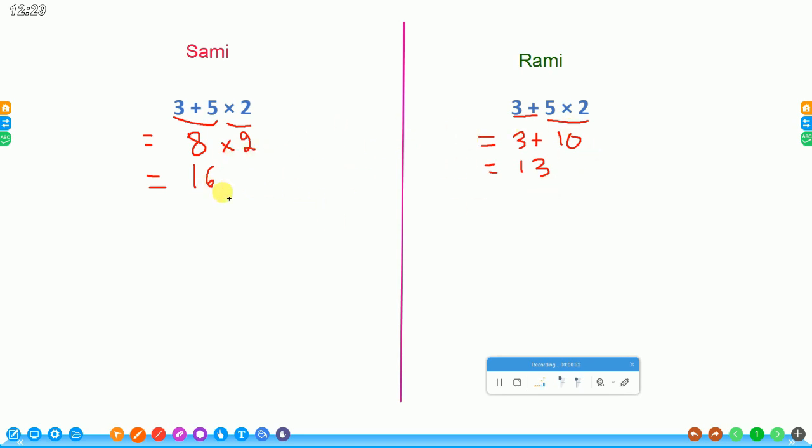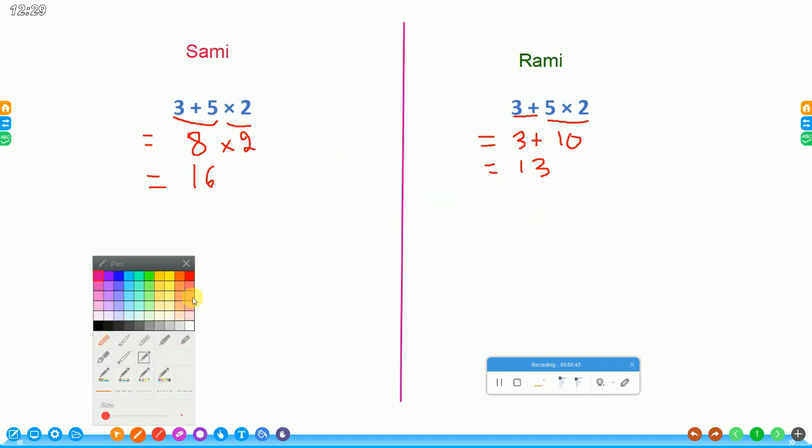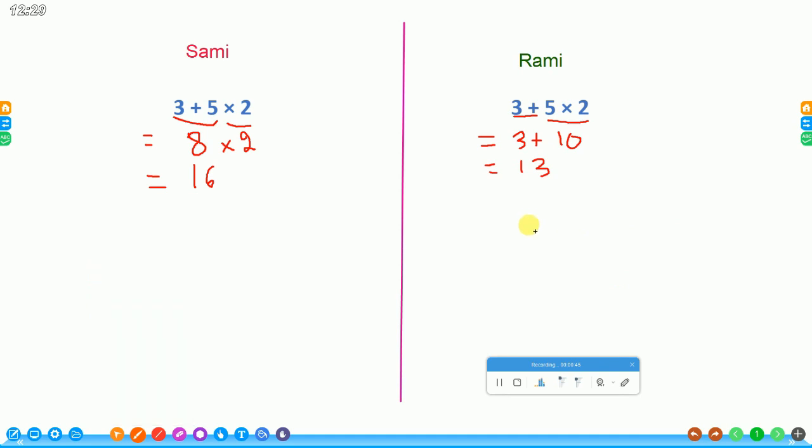So all of us need to have the same answer, and in order to have the same answer, we should all follow the same rules. In this example, Rami has the correct answer. Why? After learning these rules, we will know why.